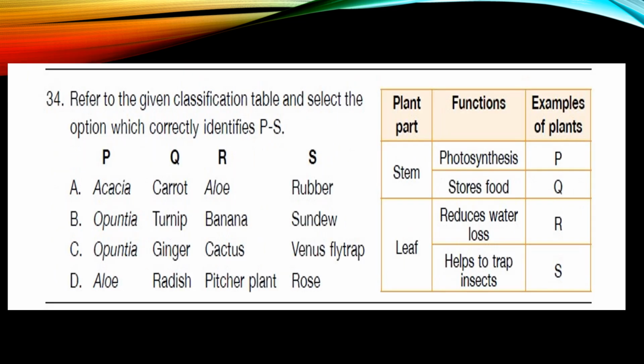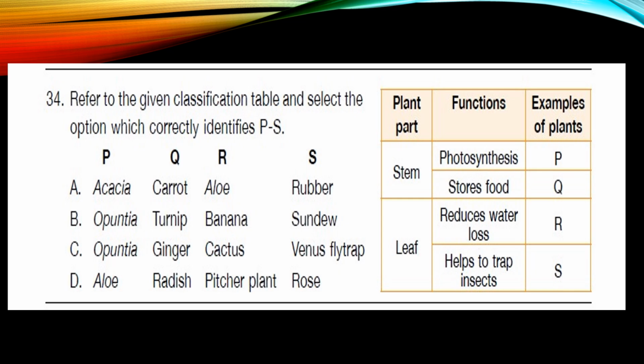Question number 34. Refer to the given classification table and select the option which correctly identifies P to S. Here, plant part, stem and leaf. Function for stem, photosynthesis, store food. For leaf, reduces water loss, helps to trap insects.